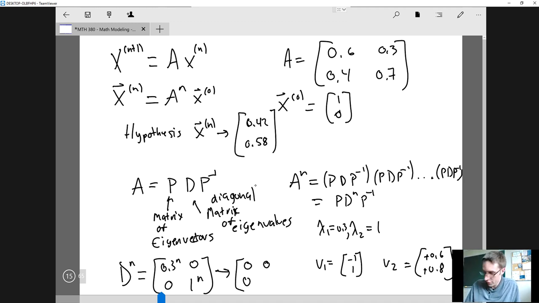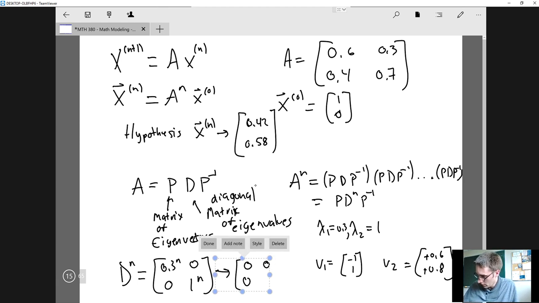On the other hand, if you raise 1 to the n, well, that's a different story, right? Multiplying by 1 over and over again doesn't change. And so the matrix is just going to approach 0, 0, 0, 1. So the eigenvalue that is 1 stays around. The eigenvalue that was smaller than 1 goes away.